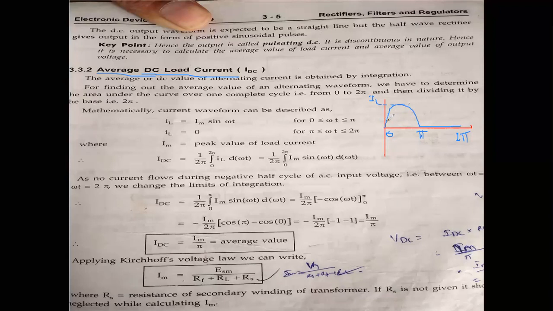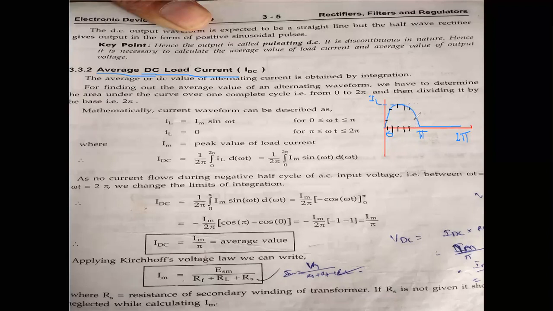All the current levels. What I am doing here is I will take this point and measure the value of current, then take this point and measure the value of current, and so on. At each point I will note the value of current.